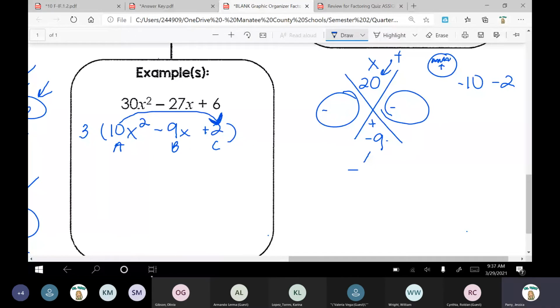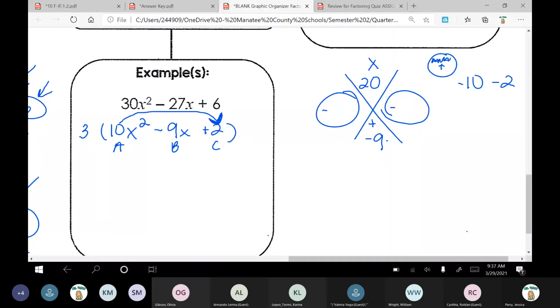What other two numbers can we multiply to get a positive 20? Negative what times negative what? And you are going to make mistakes. What else could we multiply to get 20? It's going to be full of trial and error here. We can always do 1. Let's do 1 times 20.